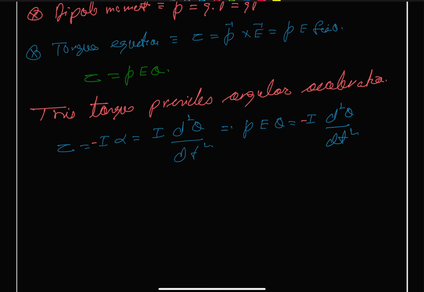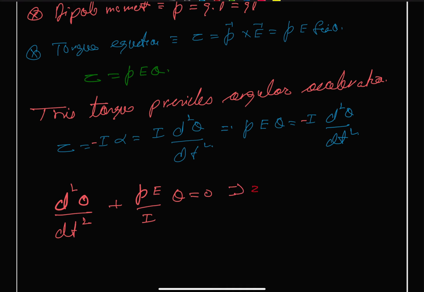The equation becomes d²θ/dt² + (PE/I)θ = 0, which is a standard equation for simple harmonic motion.